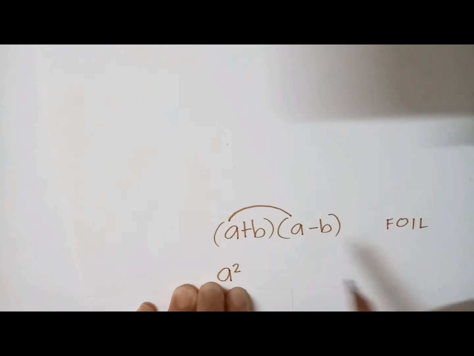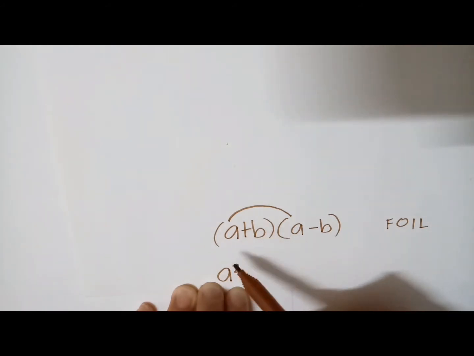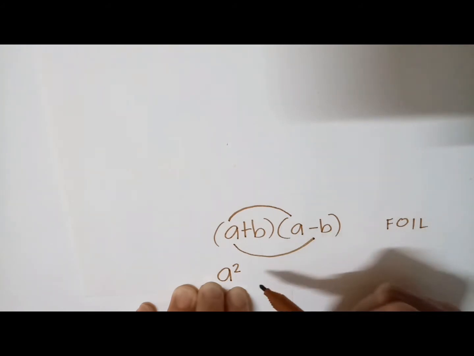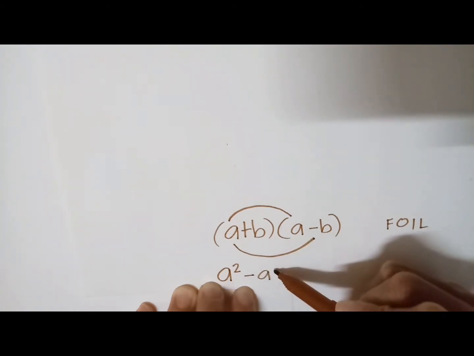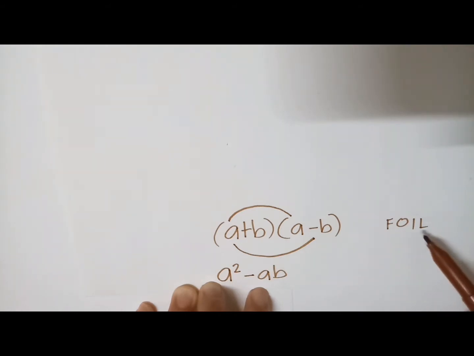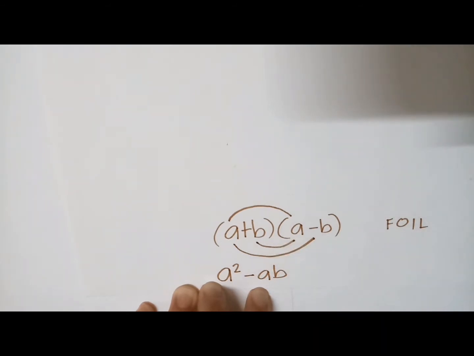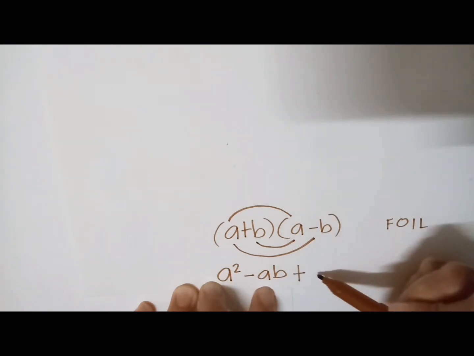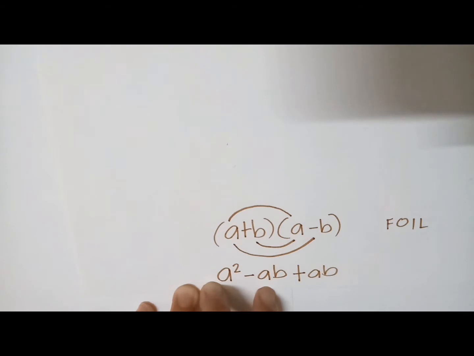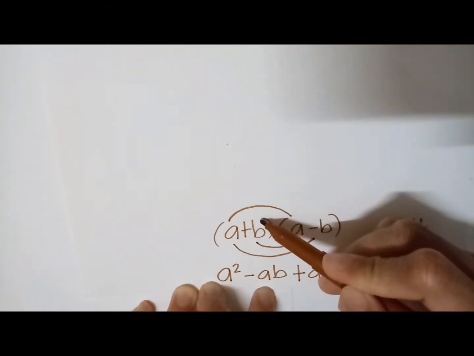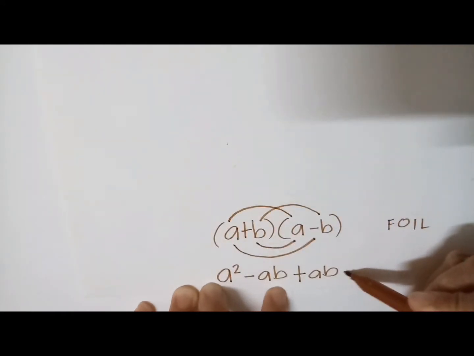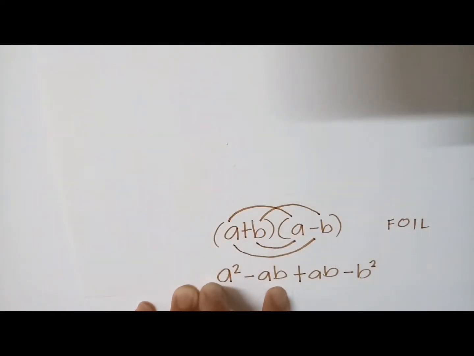Then we have outer and outer, so a times negative b, that is negative ab. Then we have inner and inner, so b times a. But in this case, we should write the letters in alphabetical order to easily combine the terms, so we will have plus ab. Then we have the last terms, b multiplied by negative b, that is negative b squared.